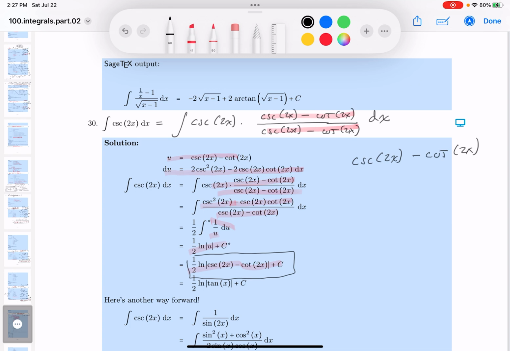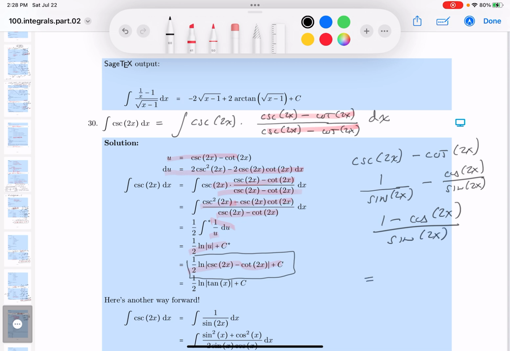What I'm going to do is turn everything into sines and cosines. So it's going to be 1 over sine of 2x minus cosine of 2x over the sine of 2x. So 1 minus cosine 2x, and on the bottom you get sine of 2x.